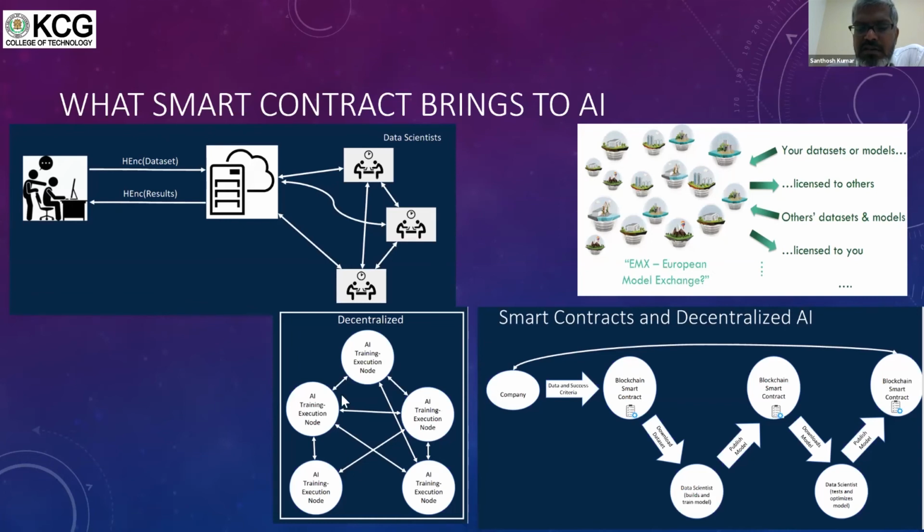Through the power of decentralized execution, decentralized nodes, can the smart contract enable execution parallelism of multiple training algorithms so that you get a master powerful trained model at the end of the day, right?